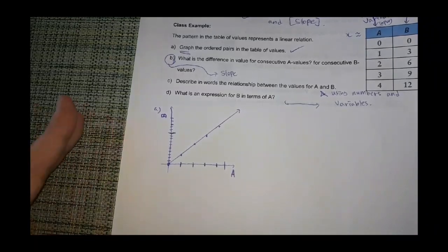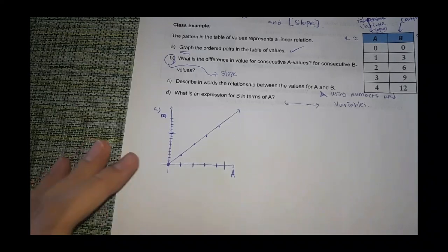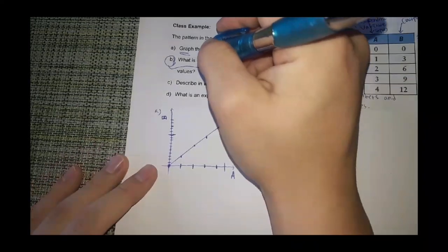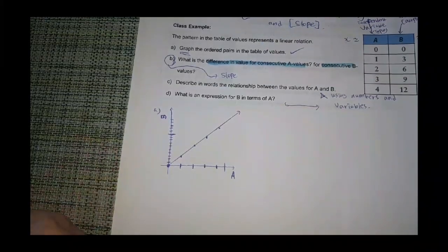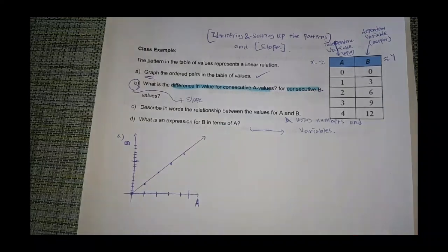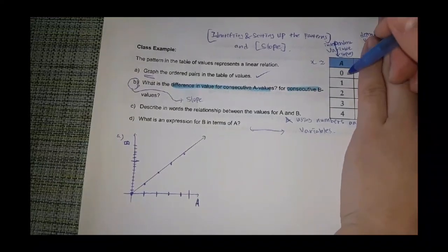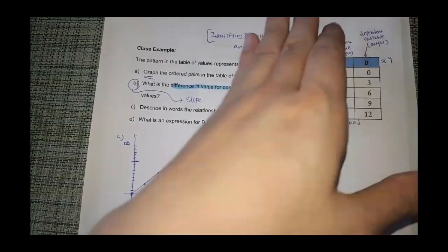Now, B, although the direction can be confusing for some of you when you read the difference in value of consecutive A for consecutive B. It's just a fancy way of referring. Do you have any pattern going on when you look at just the independent variables and the values in series under the column B?